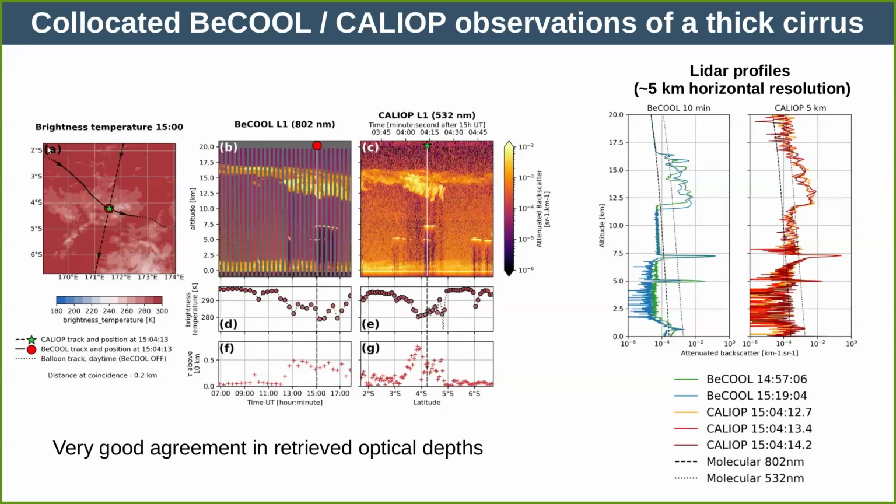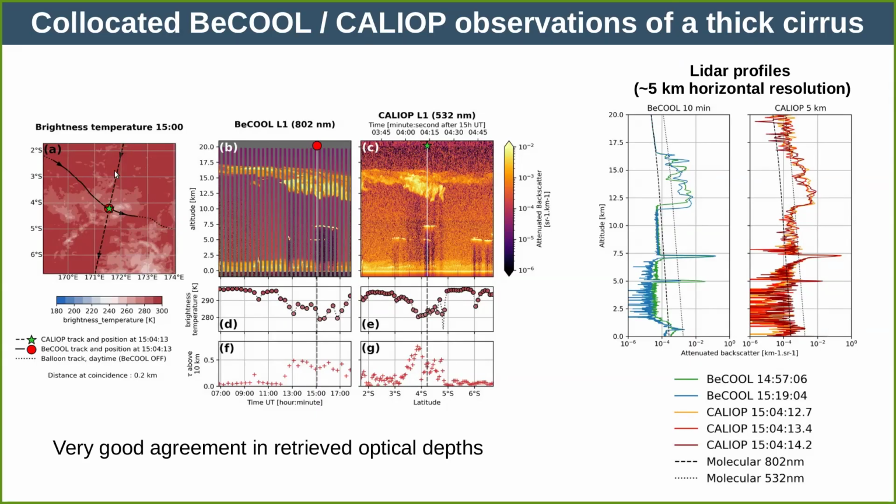On this map, which is about a 500 by 500 kilometer map, the balloon is flying along the solid line here, and the satellite is flying along the dashed line here. The LiDAR curtain observed with the balloon is displayed here in the center, and it's about 11 hours of observation.